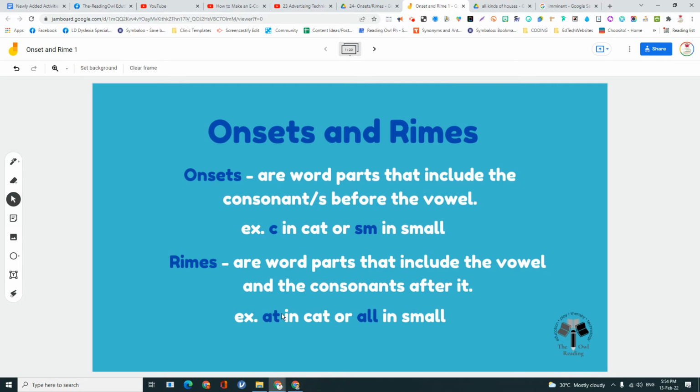Rhymes typically include the vowel and all the other letter combinations after that. It could be a blend, it could be a long sound like the ake in make, or other letter combinations such as TCH, match, catch, stuff like that.